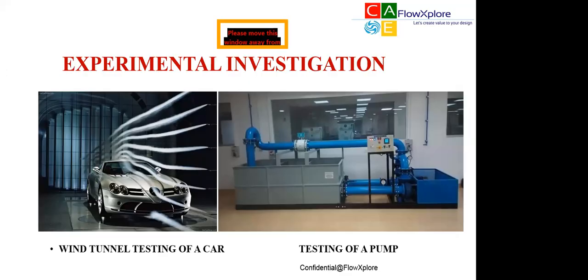I'm just giving some idea about what experimental investigation is. The first picture shows how the aerodynamic performance of a car is tested. You take small cars manufactured in India, or any high-end cars, and put them into a wind tunnel, which is something like 500 crores to 5,000 crores of investment.